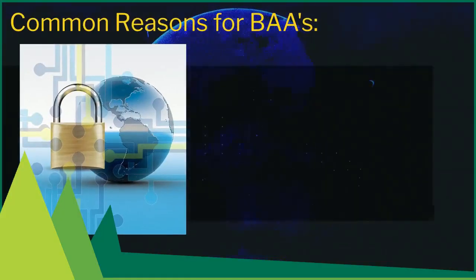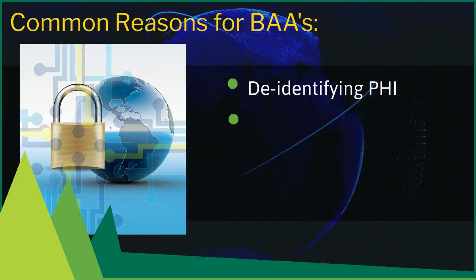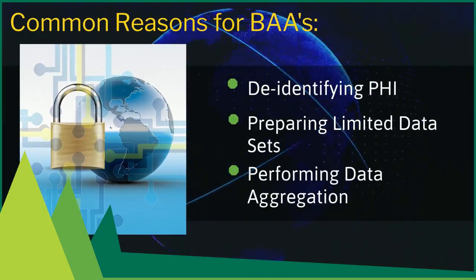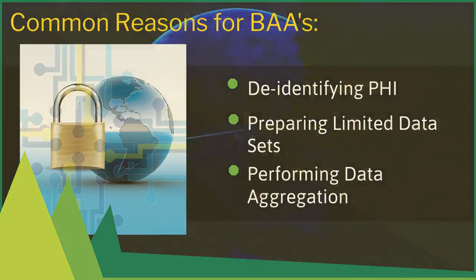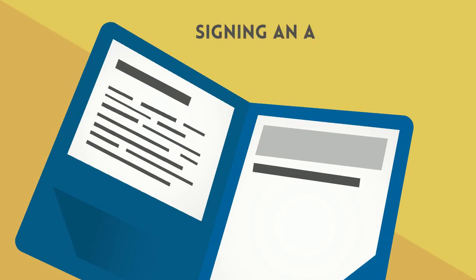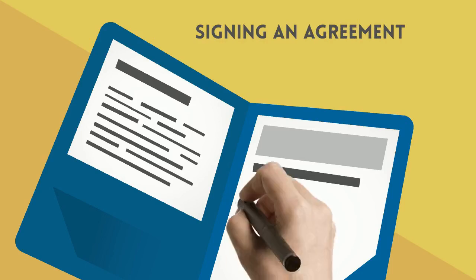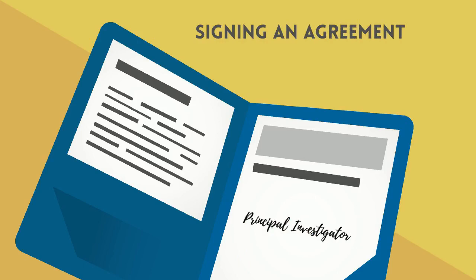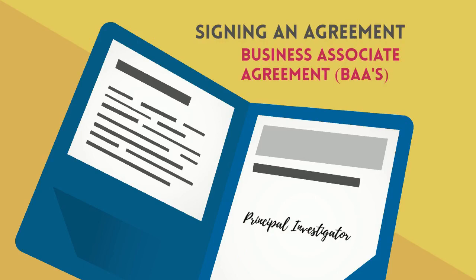Examples include de-identifying PHI, preparing limited data sets, or performing data aggregation. The privacy rule requires a covered entity to enter into a written contract with its business associates. These are commonly referred to as business associate agreements, or BAAs.